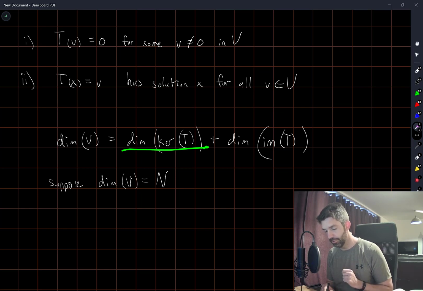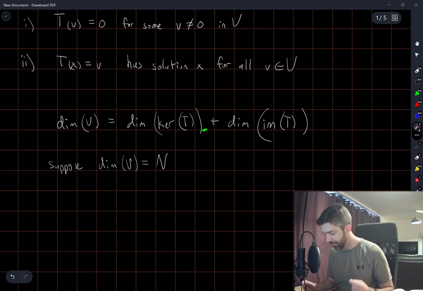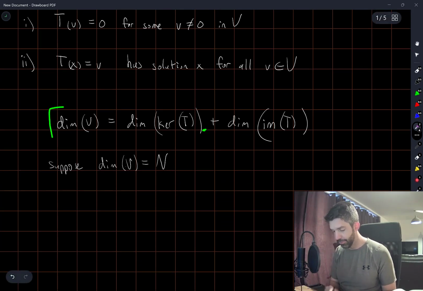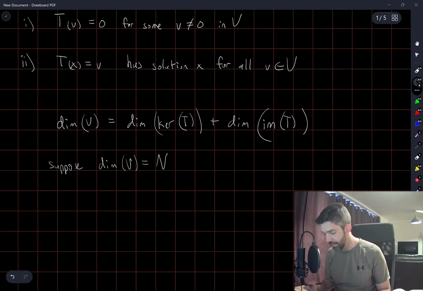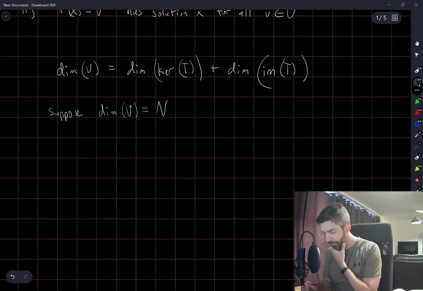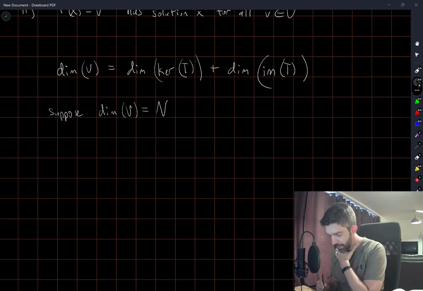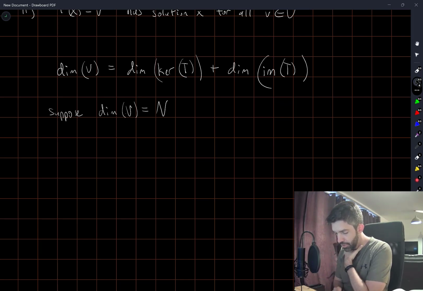If this is non-zero, then statement 1 is true, and we're done. The only thing that actually is left to do here is to prove that this equation holds, so that the dimension of V is equal to the dimension of the kernel plus the dimension of the image. I'm going to prove that in a slightly more general setting.